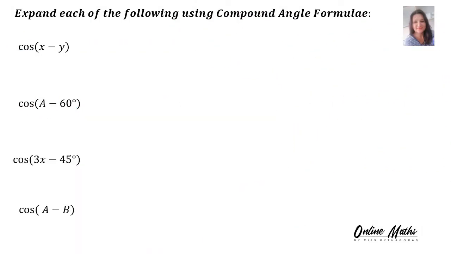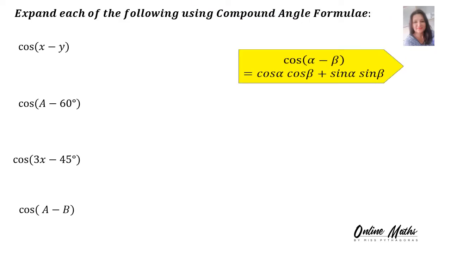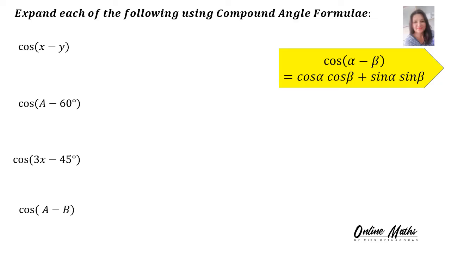Expand each of the following using the compound angle formula. The only one we've got so far is cos alpha minus beta, and I have it there for you in yellow. All four of them are on the formula sheet, so you cannot get them wrong. So let's expand.